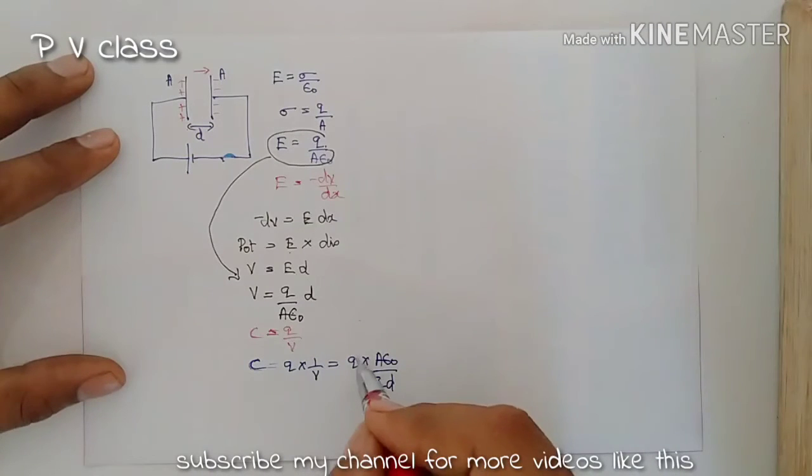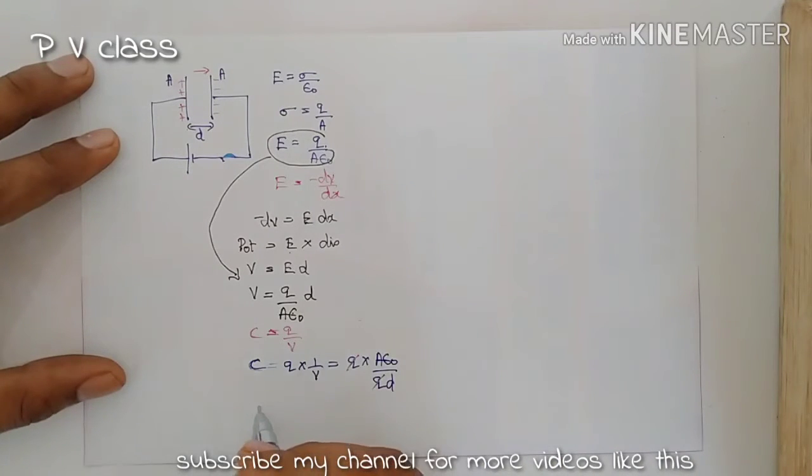The Q's get cancelled, and finally we get C is equal to epsilon 0 A divided by D. This is our expression for the capacitance of a parallel plate capacitor.